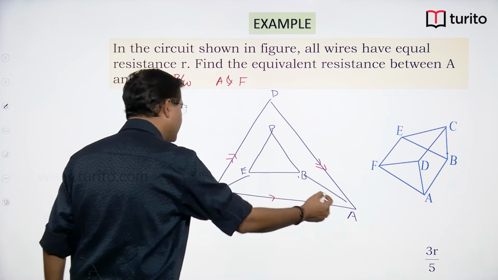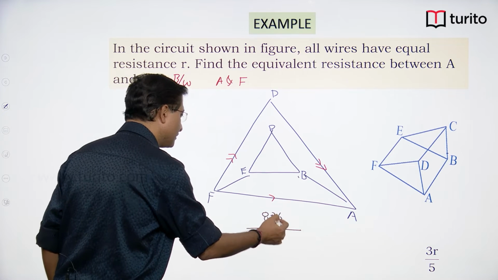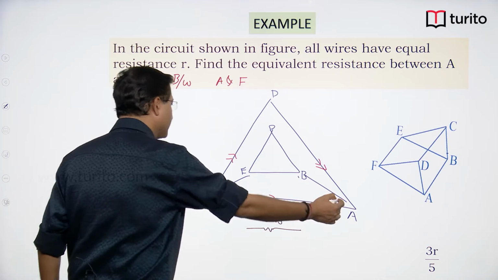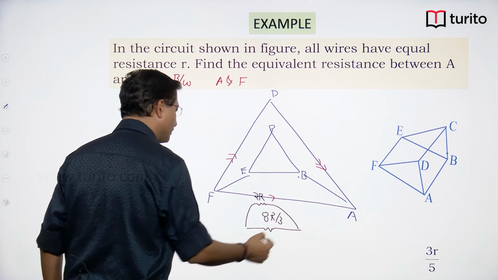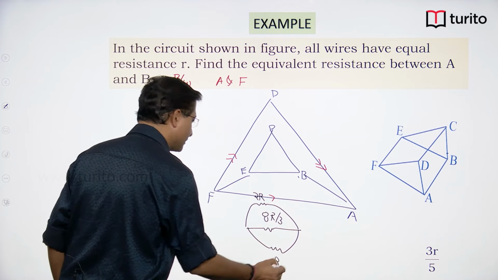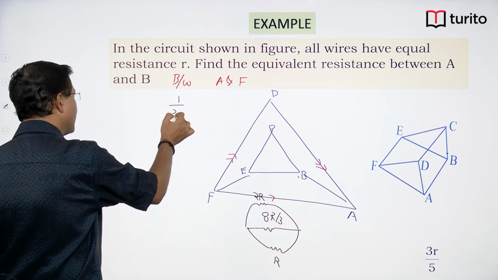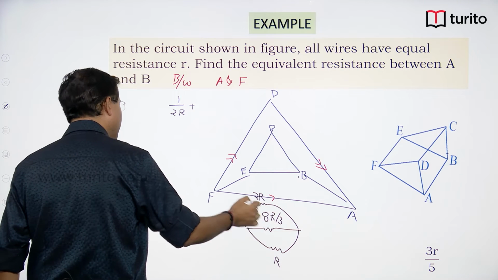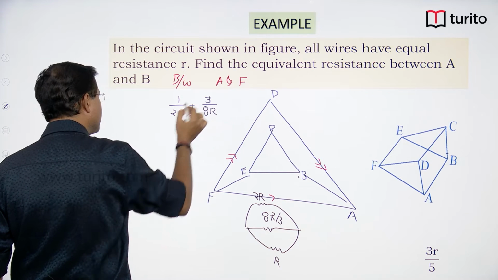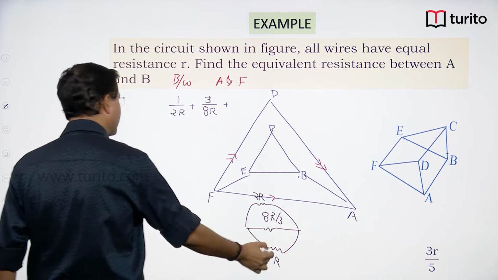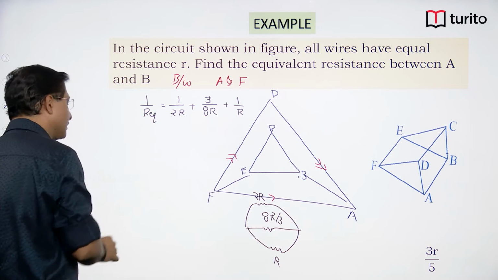So this whole thing will be 8R by 3, okay, and this upper one is 2R, and this direct one is R. This I need to add. So what I can write, 1 upon 2R, all are connected in parallel, then 1 upon 8R by 3 plus 1 upon R is 1 upon R equivalent.